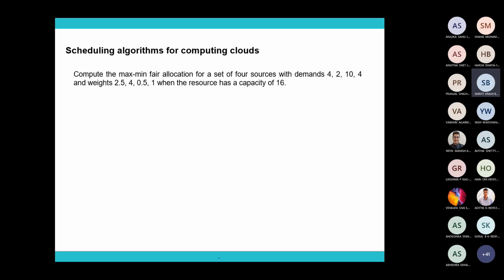So the total resource capacity is 16. Now you have to distribute based on the weights 2.5, 4, 0.5 and 1.